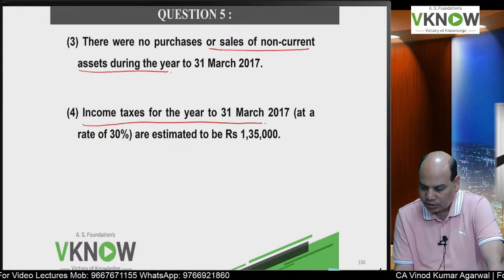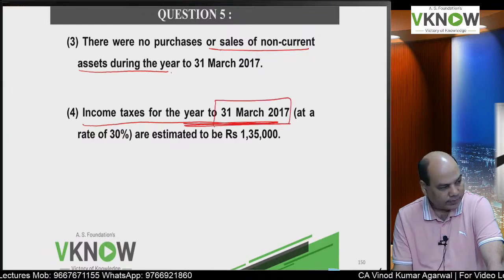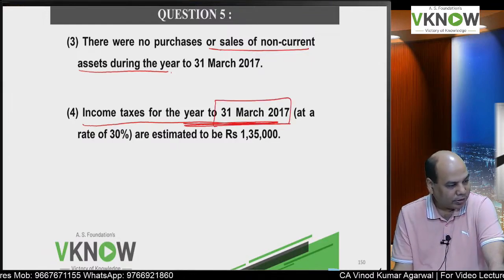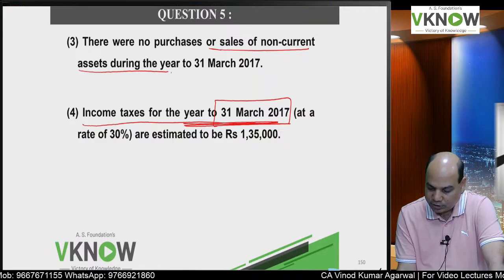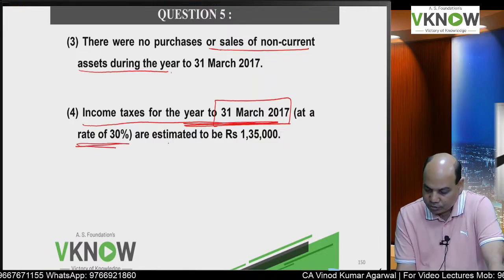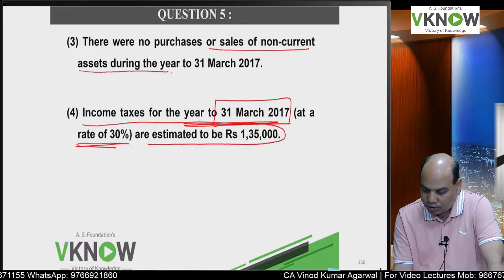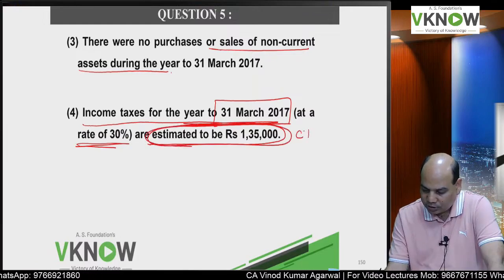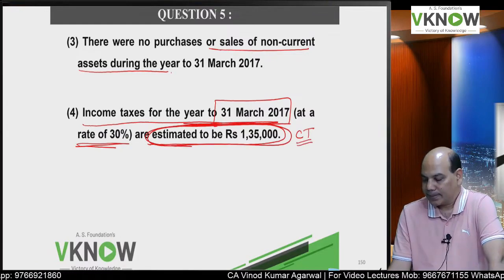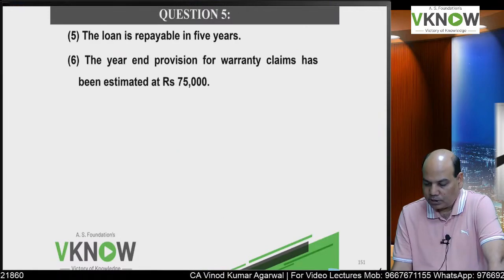Income tax for the year to 31st March 2017. Income tax for 31st March 17 rate is 30%. But the calculation they have already done for you. 1,35,000. This is current tax. Next is the loan is payable in 5 years.